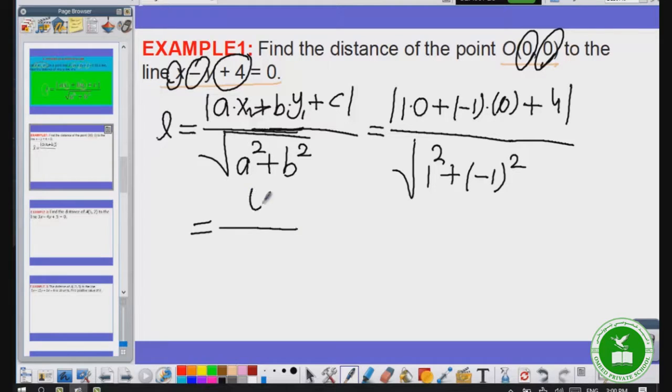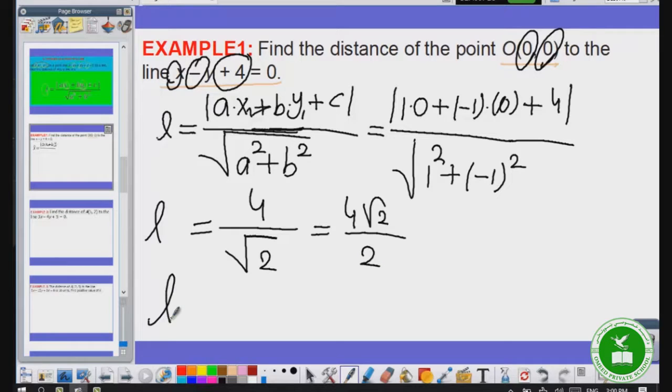So the numerator is only 4, divided by the square root of 2. Now if we multiply numerator and denominator by the square root of 2, we will get 4 times the square root of 2 divided by 2. And finally, the distance between point O and the line will be equal to 2 square root of 2 units.